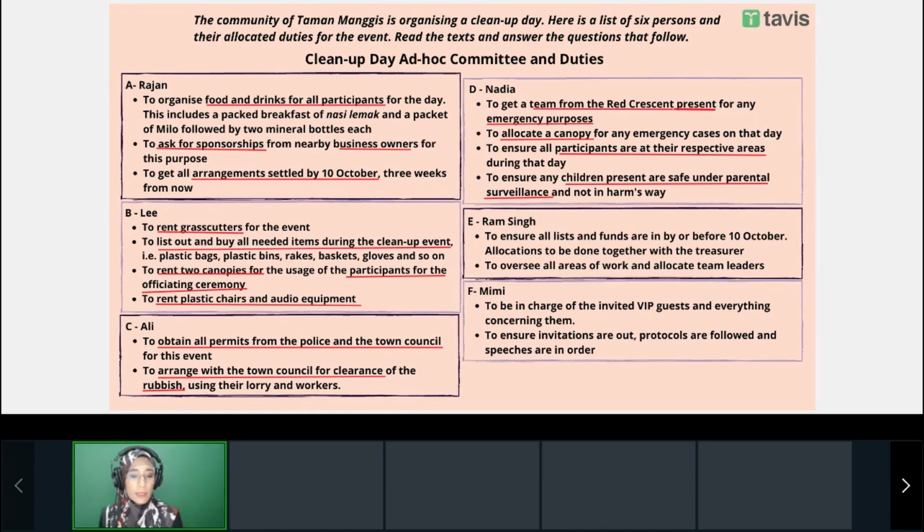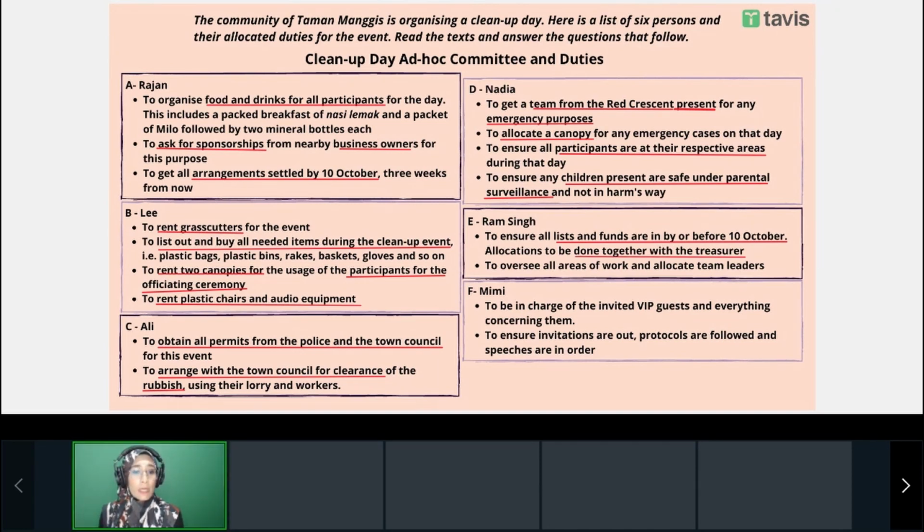So Ram Singh, how about Ram Singh here? So Ram Singh is to ensure all lists and funds are in by 10th October. So he has to make sure lists and funds are in by or before 10th October. And these allocations will be done with the treasurer.